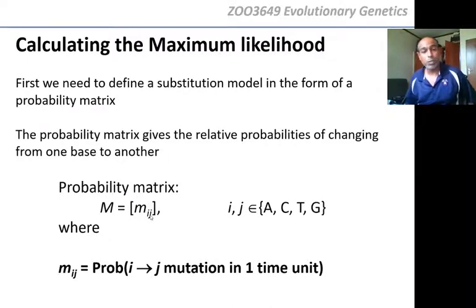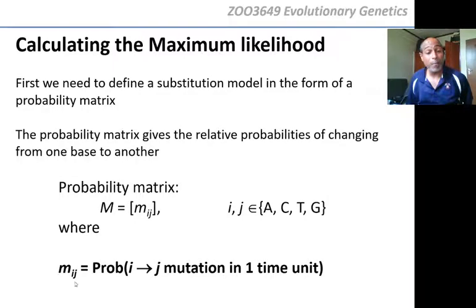M is equal to Mij, where i and j are A, C, T, and G. So this probability, Mij, is the probability of mutating from state i to state j. And i and j could be any unit.